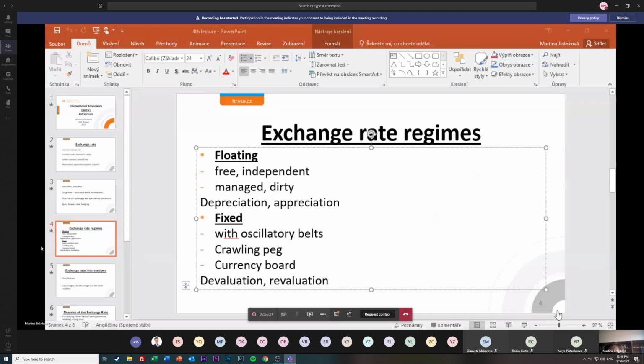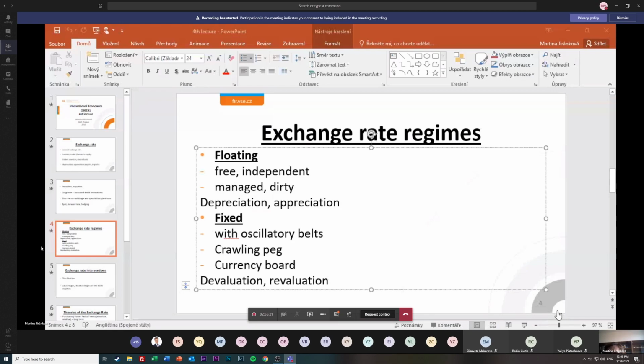No oscillatory belt. I have written it here. So this is currency board. This is the fixed exchange rate, without any oscillatory belt.